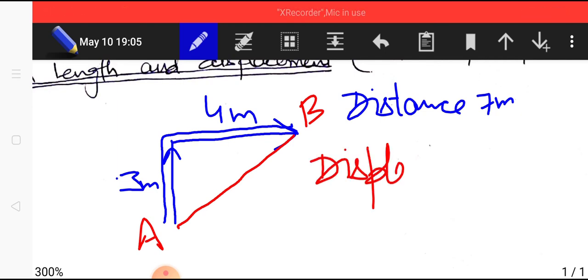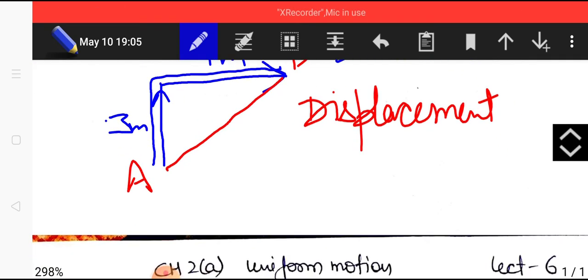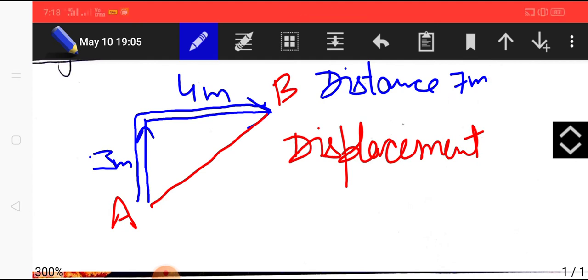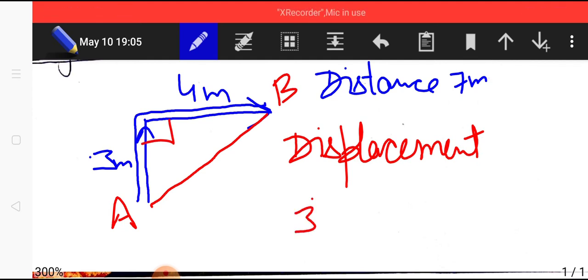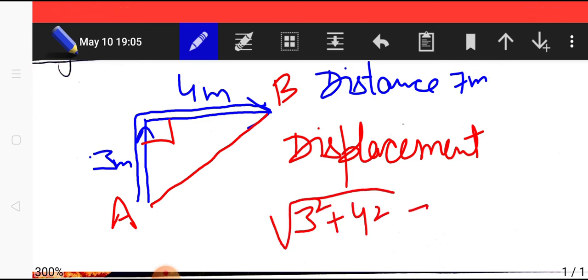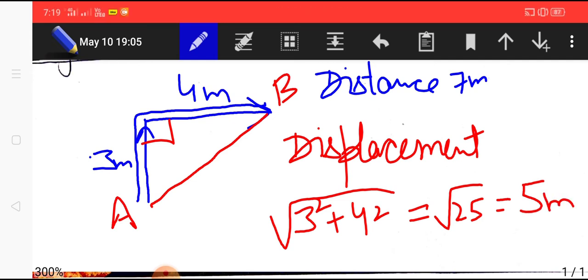And displacement is a vector quantity, and in this case you can see here displacement is 5 because it is a right angle triangle, and square root of 3 square plus 4 square is equal to square root of 25, and that is equal to 5 meter. So displacement is 5 meter and distance is 3 plus 4, 7 meter. So that is the difference between path length and displacement.